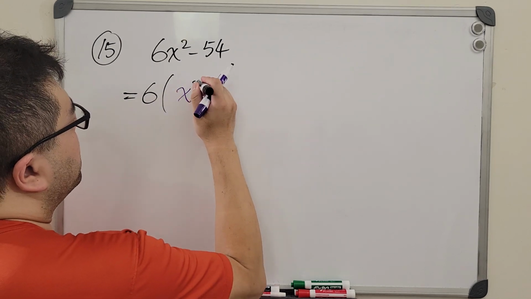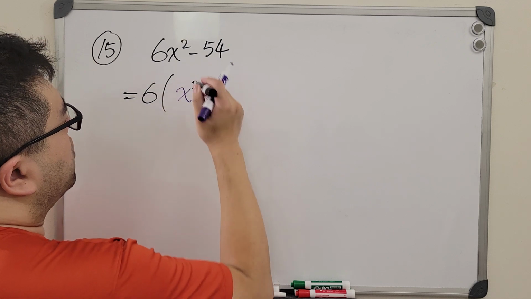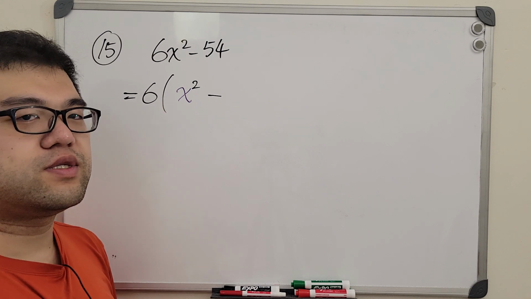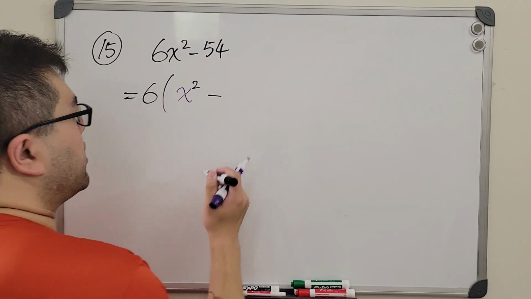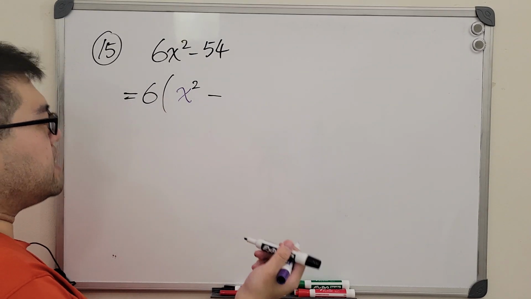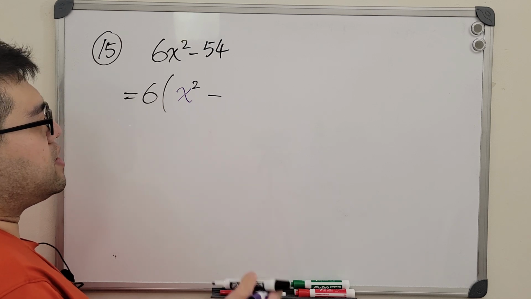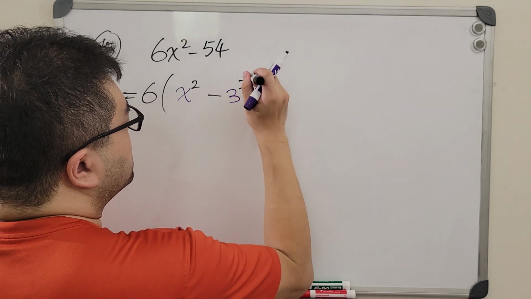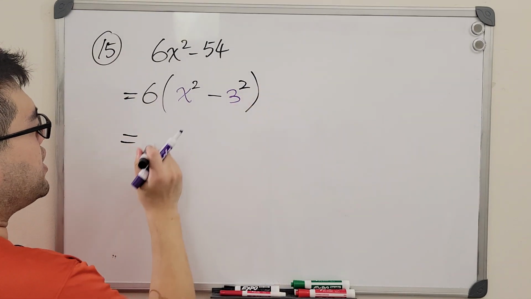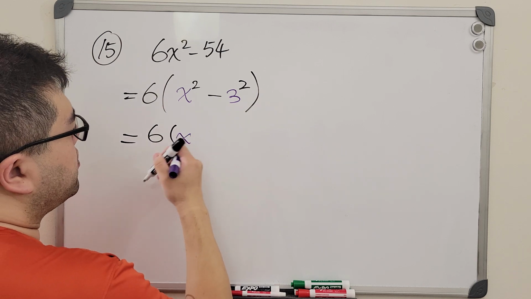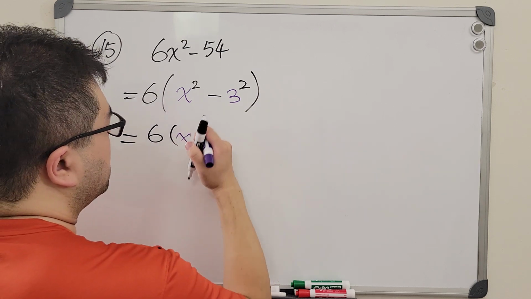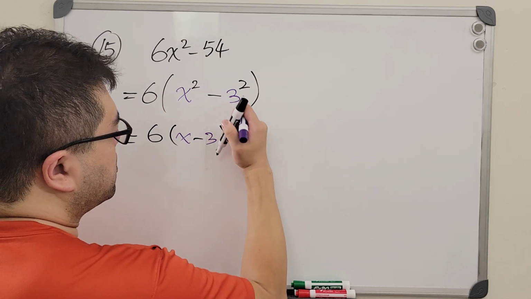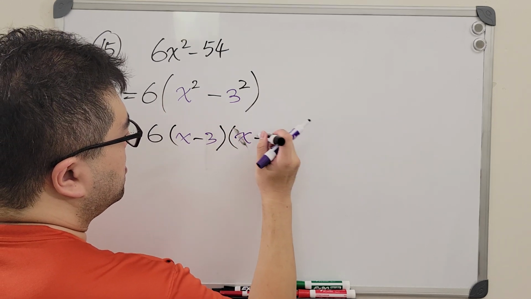So we end up with 6 times the quantity x squared minus, what is 54 divided by 6? 9. But is 9 a perfect square? Yes, because 9 is the same as 3 squared, or 3 times 3. So in this case, our b would just be 3 here, so that as we factor out using the formula, we get 6 times the quantity x minus 3 times the quantity x plus 3.